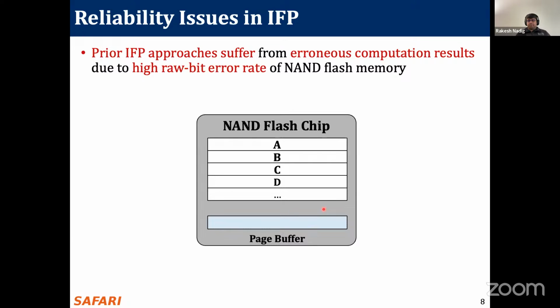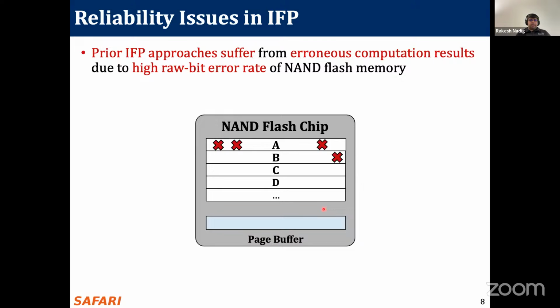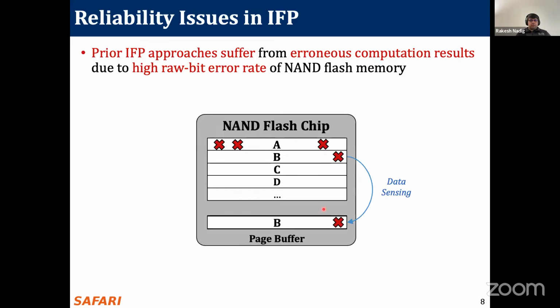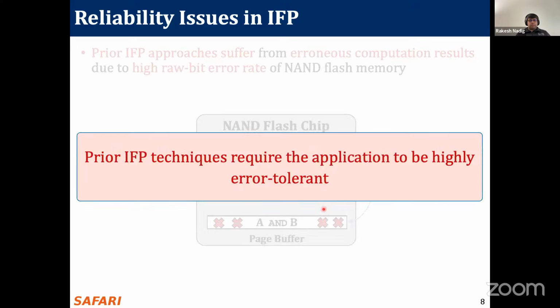We look at an example here where there are errors in the operands because of many disturbances, and when the data is being read in a serial manner, the errors get propagated and stored in the result, and they can also get compounded because of errors in the other operands as well. So this can result in a very noisy or erroneous computation result.